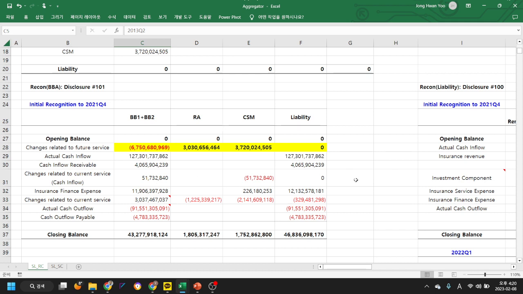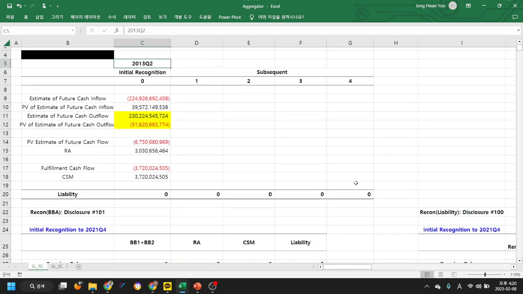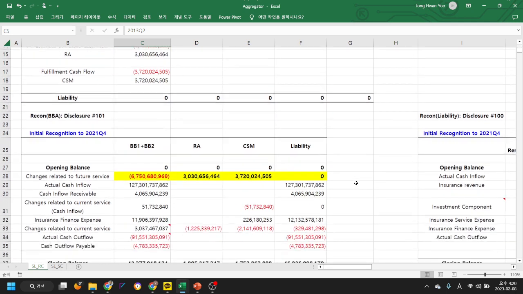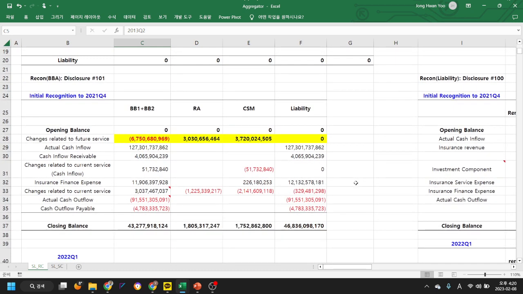And I have the data. You know what I'm saying? That's another assumption. So between 2013 second quarter and 2021 fourth quarter year end, I have all the actual data. This is like transferring the initial recognition to here, and I have all the actual data.